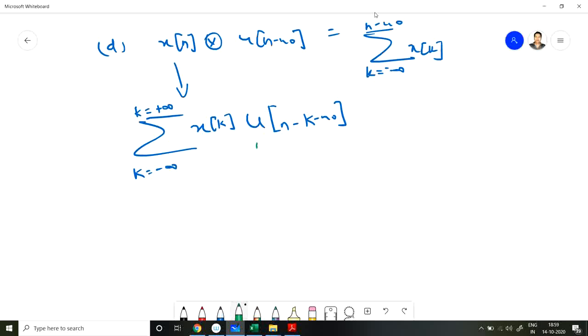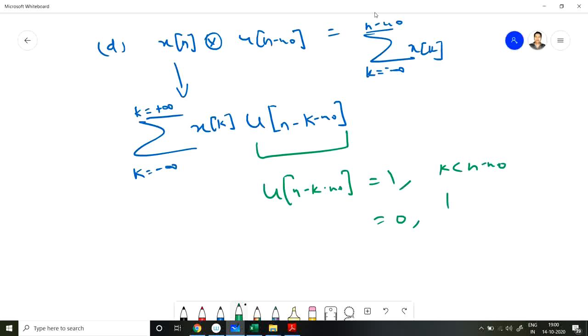Just see in which range of k this value is equal to 1. We find that u[n − k − n0] is equal to 1 when k is less than n − n0, and it is equal to 0 for k greater than n − n0.